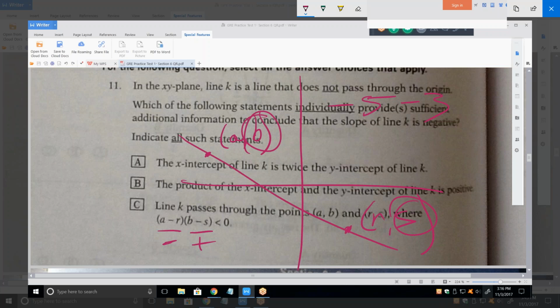So -5 minus 3 is -8. Turn it into an addition problem by making it look like that. And B minus S is positive also. So with my negative slope line, I do get a product that's negative.